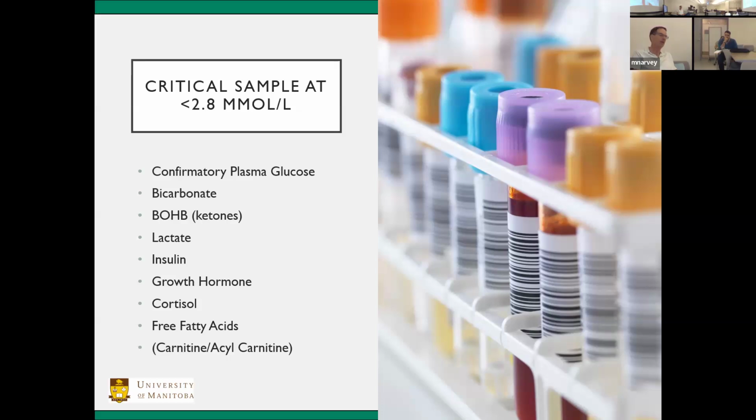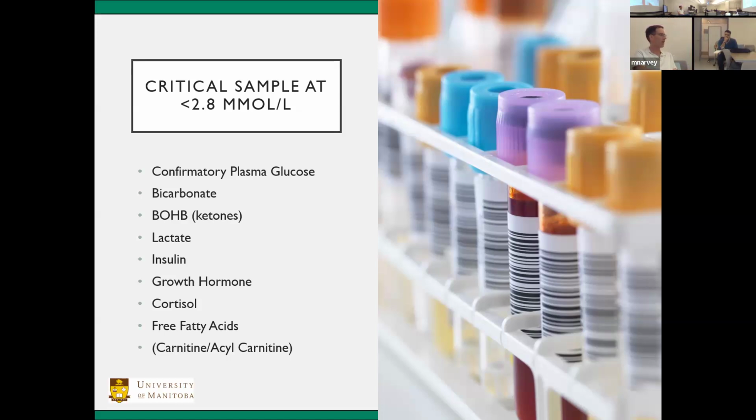But suffice to say, point of care glucose uses whole blood. Laboratory measurement uses serum, and I'm going to show you the difference between them in a moment. But what we want in a critical sample is, first of all, to confirm the glucose is low, because there can be error. Then you want to get a bicarbonate level, because metabolic acidosis could be consistent with an inborn error. Ketones are important.